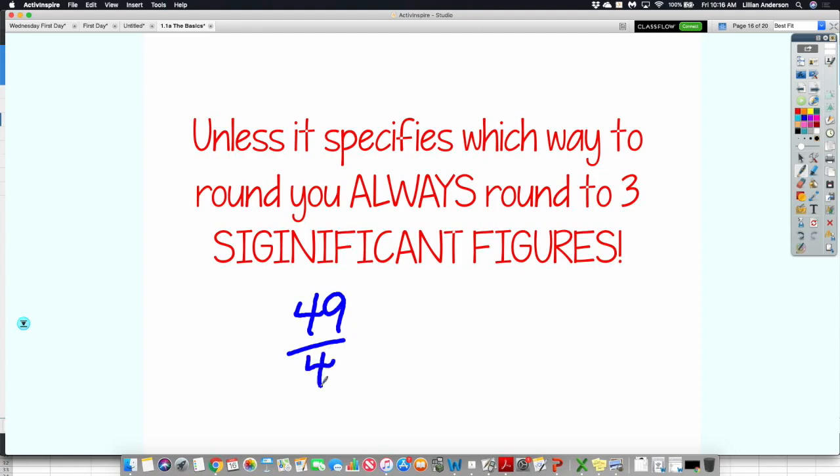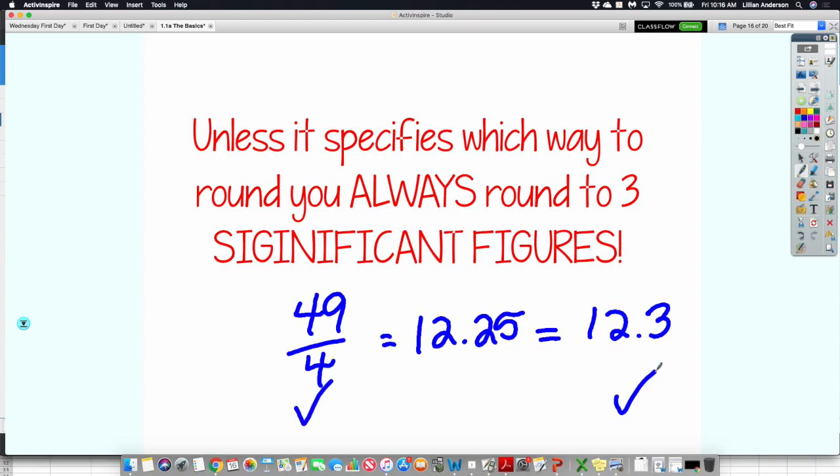But if I divide 49 by 4, I can also write this, because this is technically exact since it's an ending decimal, or you could write it as 12.3 rounded to 3 significant figures. So, exact, or 3 significant figures. This also works, but let's say it was one of those that just kept on going forever, then 3 significant figures, okay? Everybody understand that?